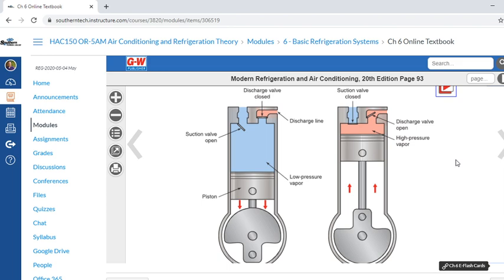At that point, the discharge valve opens and the high pressure, high temperature vapor escapes. What happens in here is the molecules of the refrigerant, when they get compressed, start running into each other in a smaller, more confined space, and it raises the temperature and the pressure of the refrigerant.